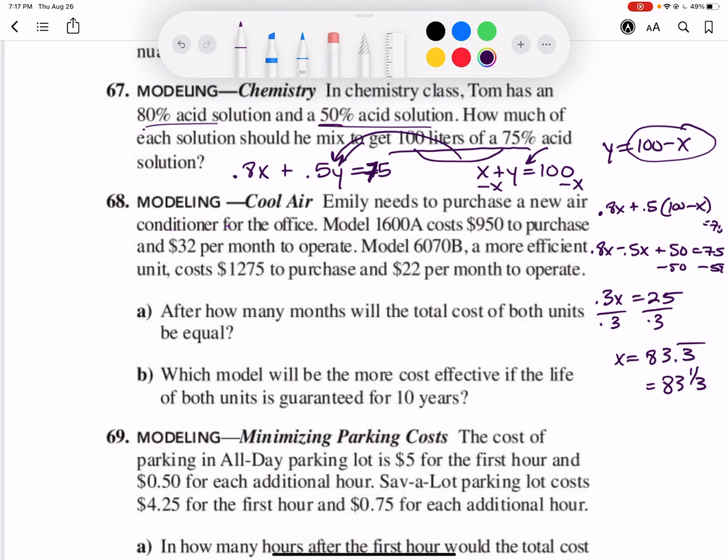So that is x, the 80% solution. So we need 83 1/3 liters of the 80% acid solution. And let's just take 100 minus 83 1/3. That's going to give us 16 2/3 liters of the 50% acid solution.